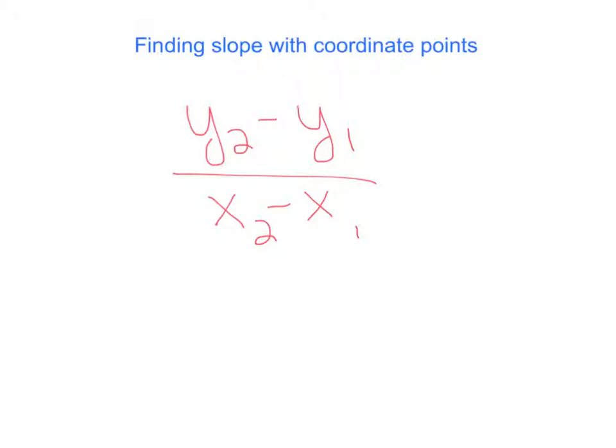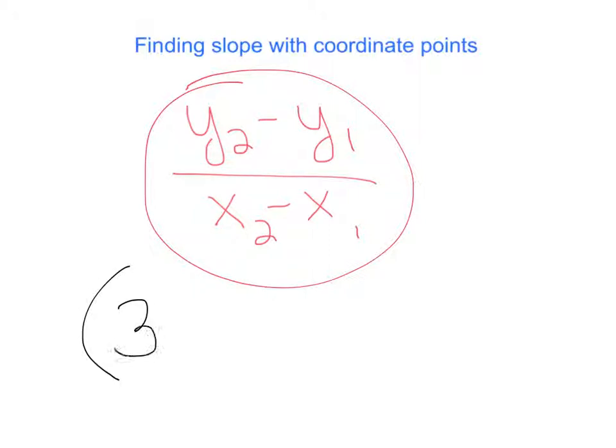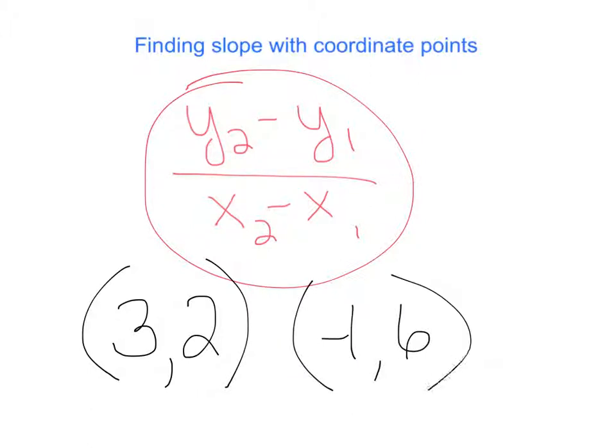When we are given 2 points on a line, you can use those 2 points to find slope by using this formula here. So for example, if you have 2 points that are (3, 2) and (-1, 6). The first set of points is your 1, so this is x1, y1, x2, y2.